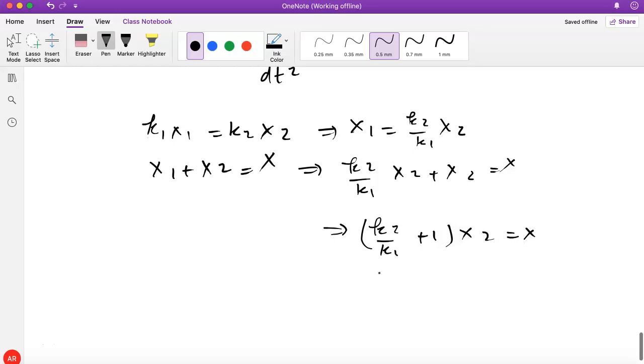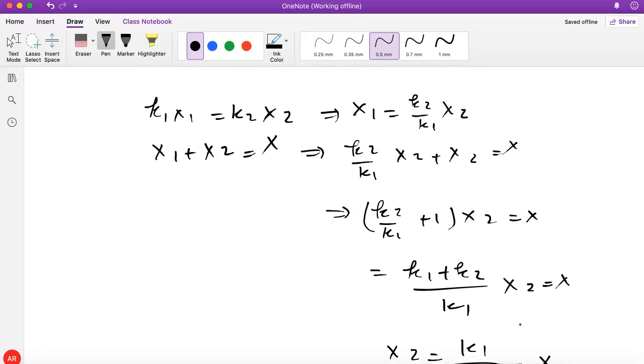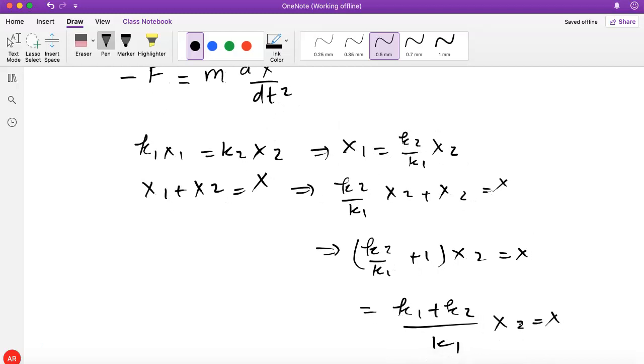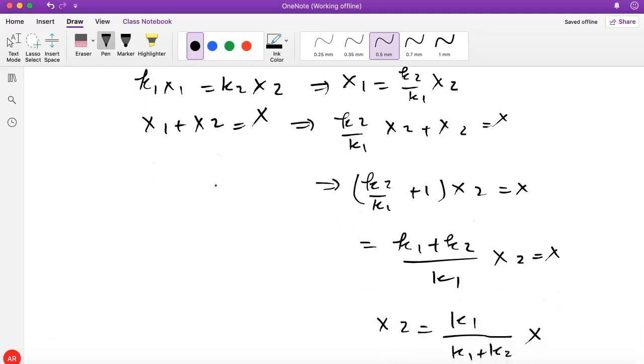Combining these, this becomes k1 plus k2 over k1 times x2 is x. So therefore x2 is k1 over k1 plus k2 times x. We could have guessed it without doing much algebra, because if the product of x and k is the same, it means x is inversely proportional to k. So that means x2 is proportional to k1, and x1 is similarly proportional to k2.